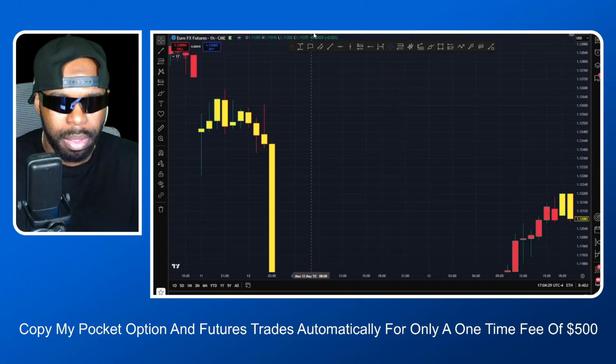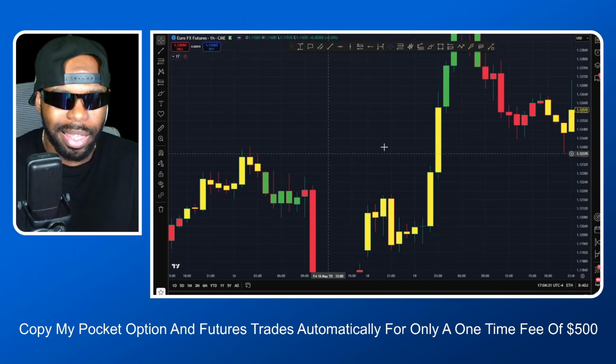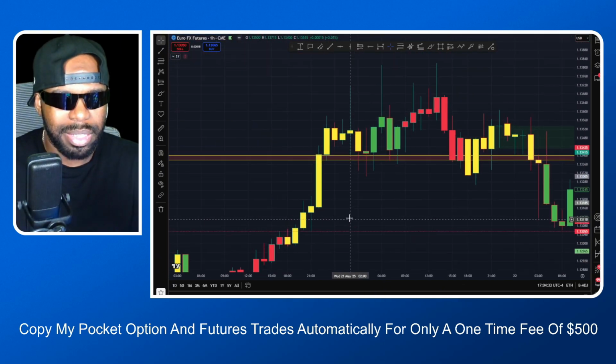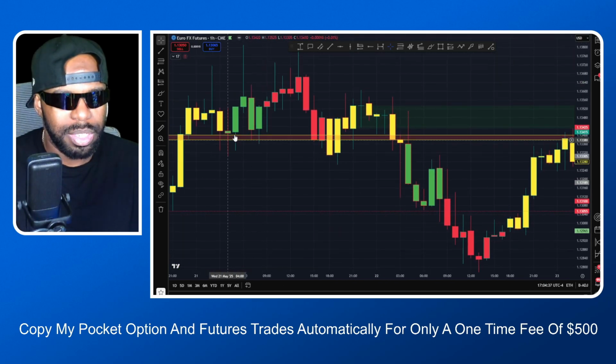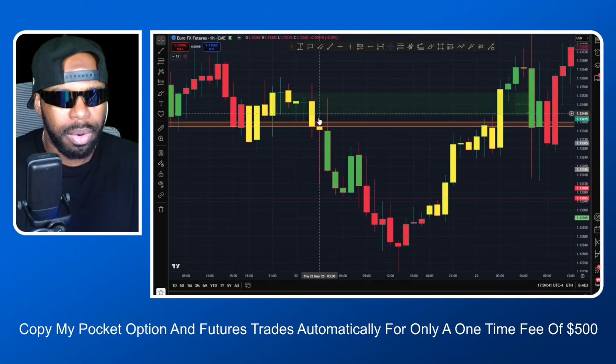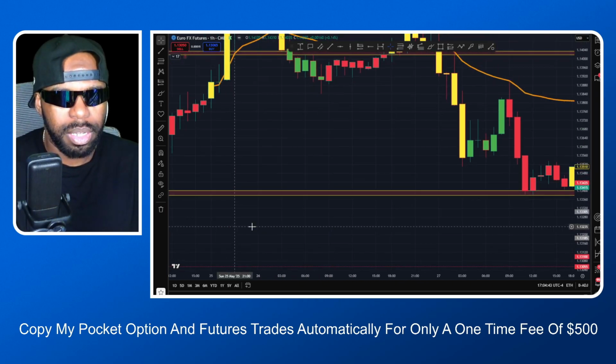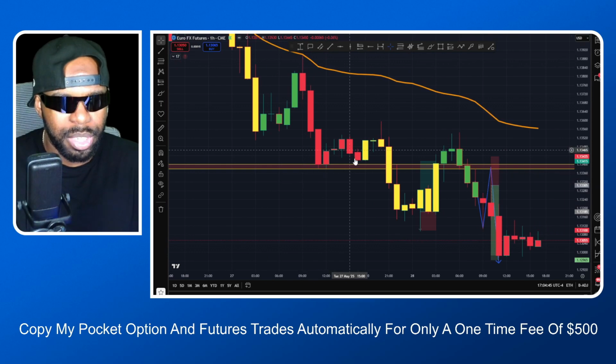That's why I like to draw my zone back in the past, to see if price rejected that level, that zone, in the past. You can see some small rejections here, a rejection here, rejection here. As you can see, price is kind of rejecting the zone here.